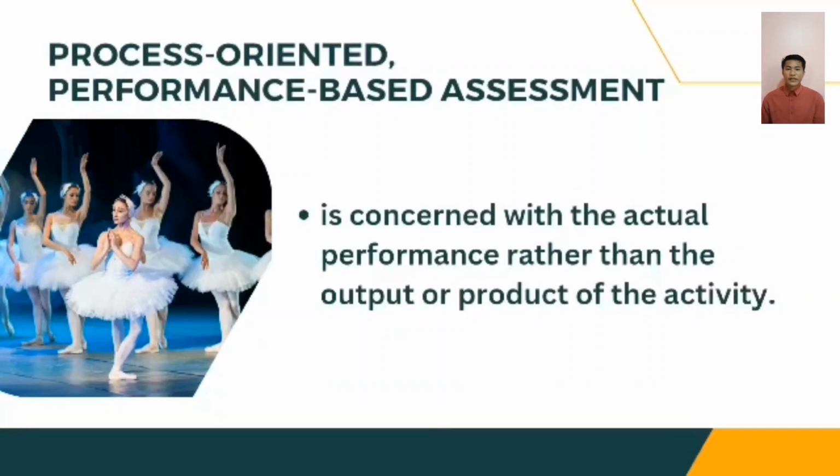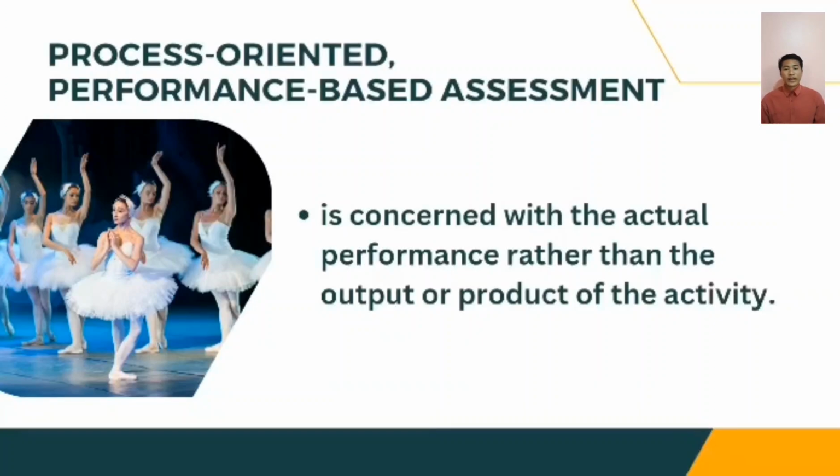For example, as you can see in the picture, ballet dancing. So what is the process-oriented here? Well, the process-oriented here is the dancing itself, the actual performance, including how they do the dance or the skills they need in order to execute the dance.